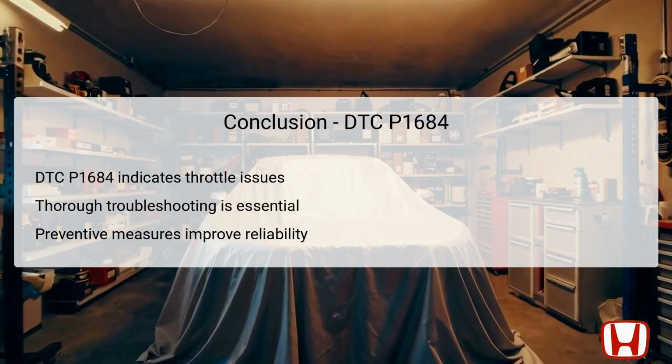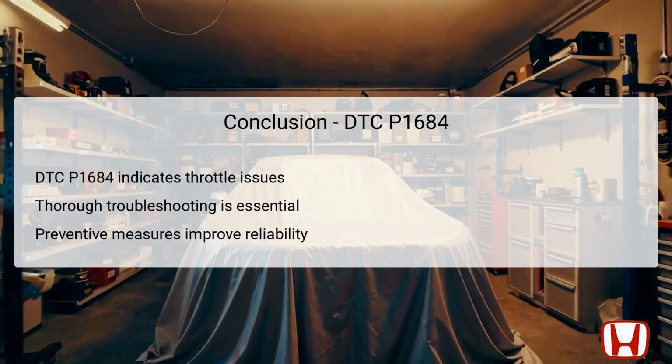In summary, DTC P1684 is indicative of a throttle valve return spring performance problem in the Honda Civic from 2006 to 2011. The troubleshooting process involves multiple systematic steps to ensure thorough diagnostics and repairs, emphasizing the importance of each action for resolving the underlying issue effectively.